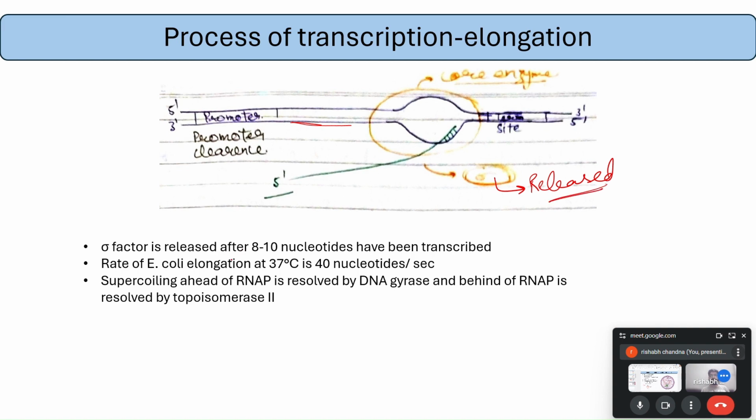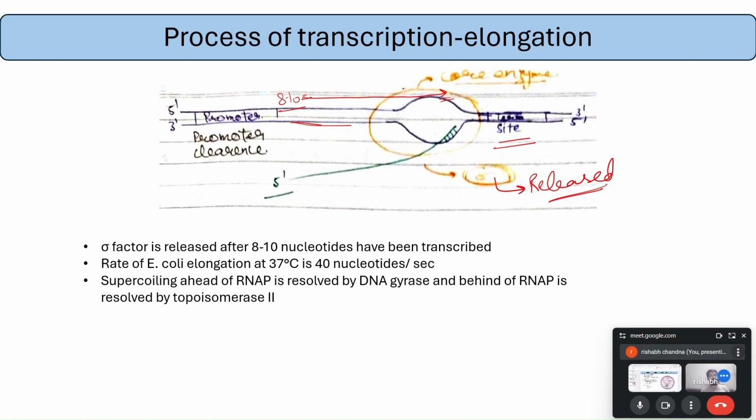Once 8 to 10 nucleotides have been added to that RNA, the sigma factor is released, and further this RNA chain increases in length by the addition of different ribonucleotides and reaches the terminator site.